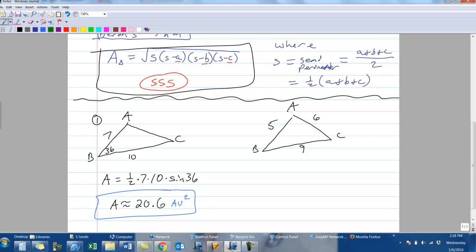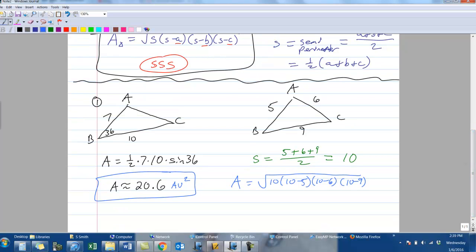So S is equal to the perimeter, 5 plus 6 plus 9, but it's the semi-perimeter, so it's half of that. So 5 plus 6 is 11 plus 9 is 20, divided by 2 is 10. So S is 10. So now we're going to apply that to our area formula.